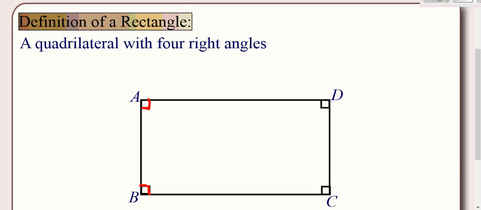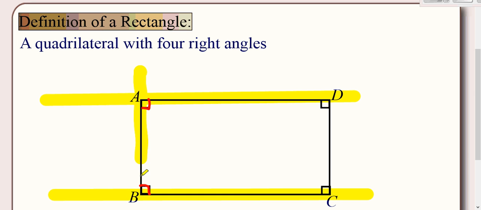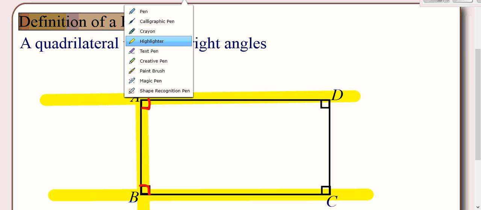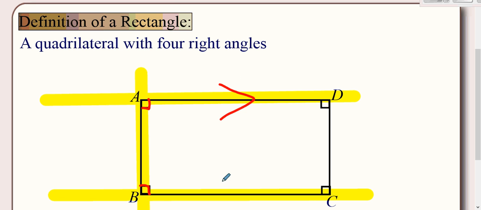Since they add to 180, this is a transversal. Those would be same side interior. Since they're same side interior and they add to 180, that means that the sides are parallel.